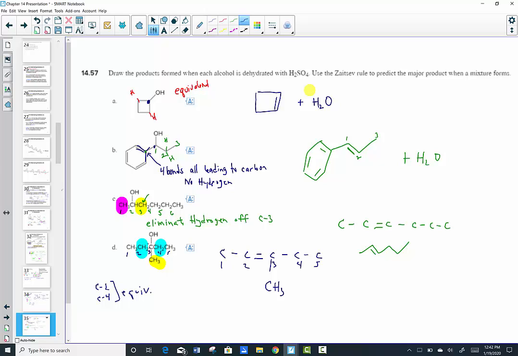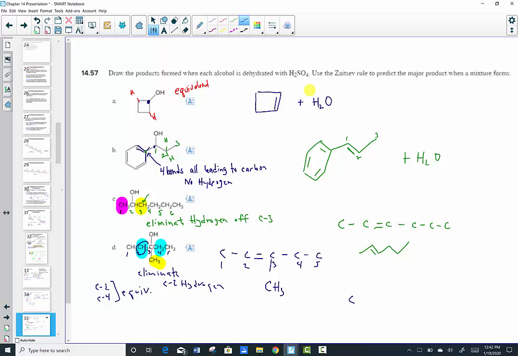I'm going to eliminate the hydrogen off of carbon 2. And when I did so, I put the ene, that double bond, between carbon 2 and 3.